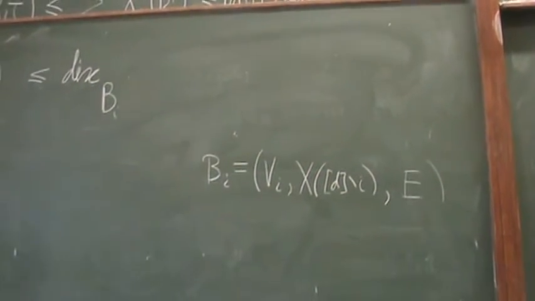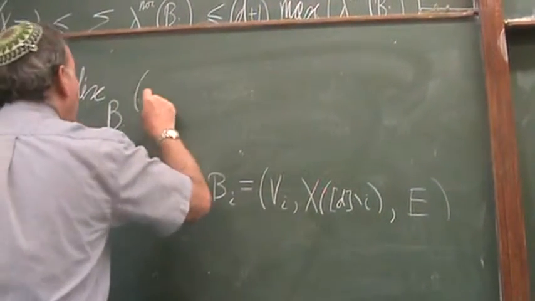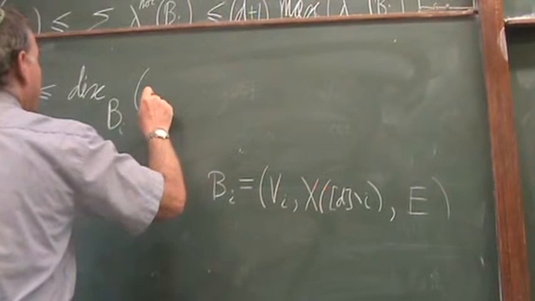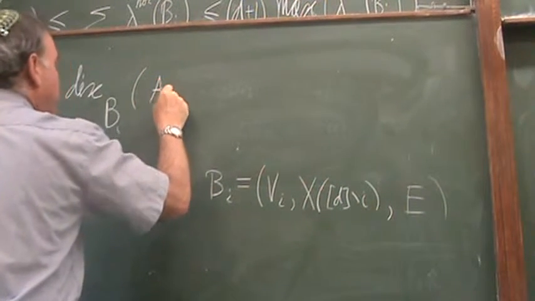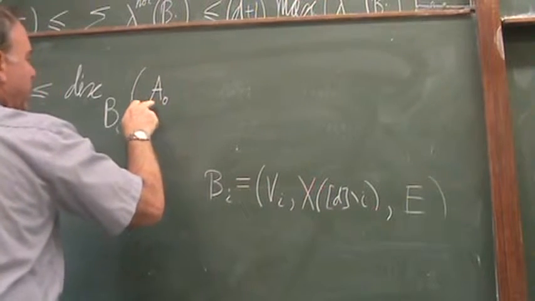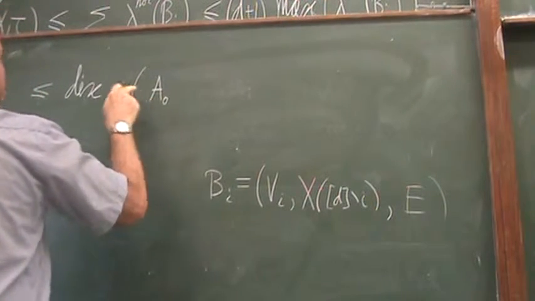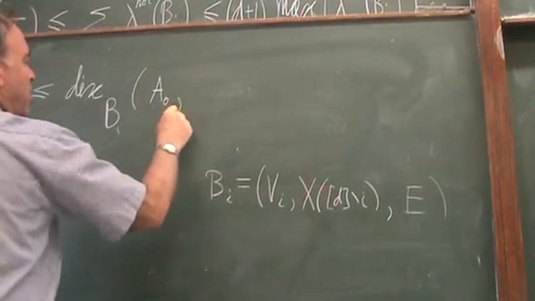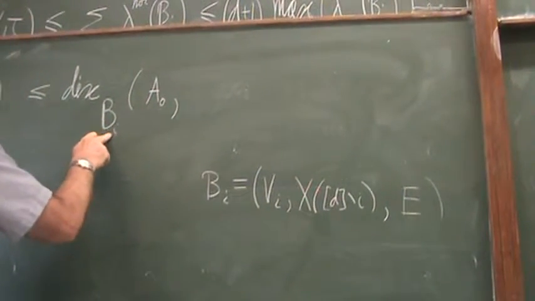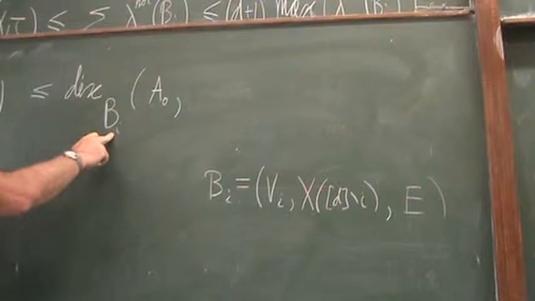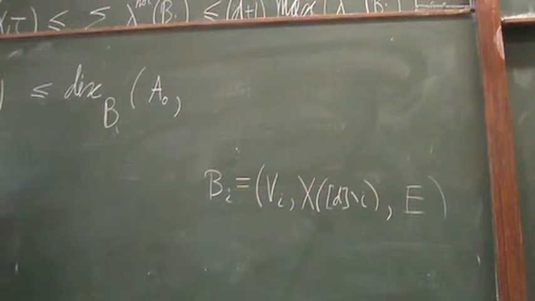So I take the discrepancy of B_i of the set, so I take here 0. Now A_0 is a subset of V_i, so that's fine. Now I have to put on the other side, now I'm talking about discrepancy in a bipartite graph. In a bipartite graph, I have only two sets that should be put.